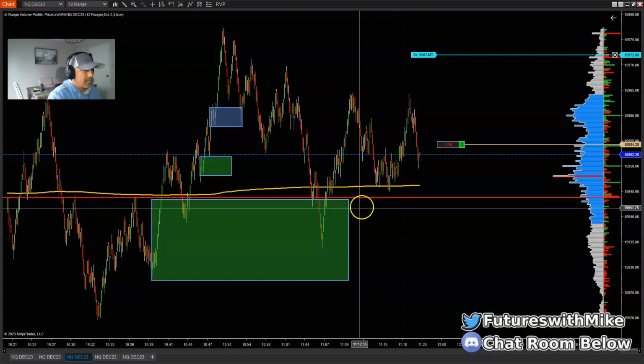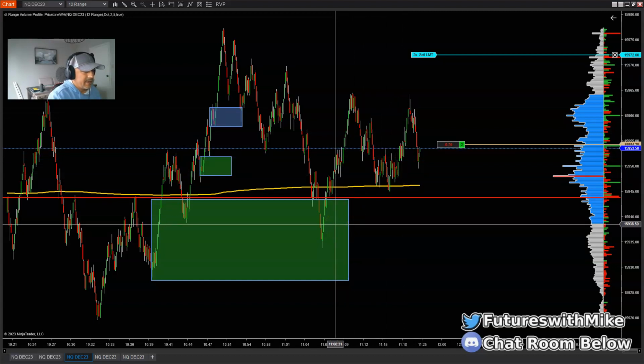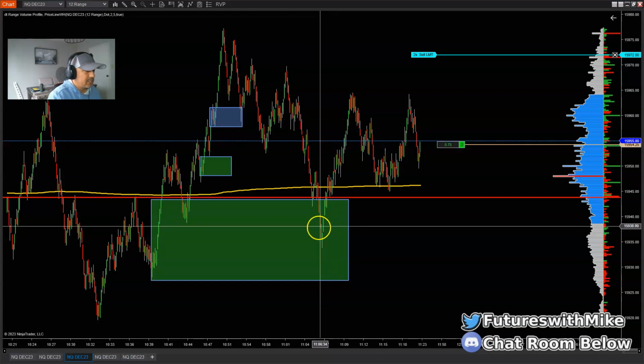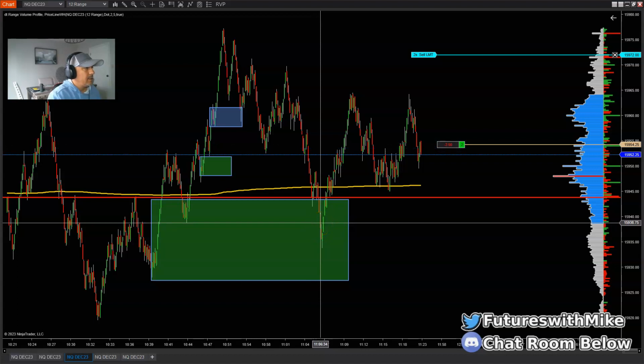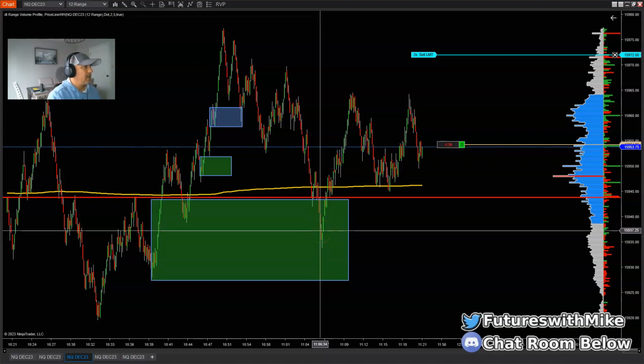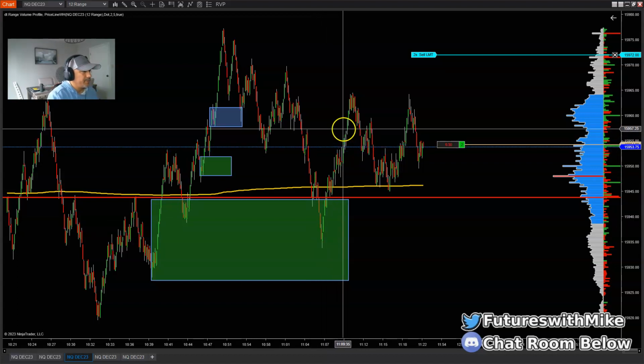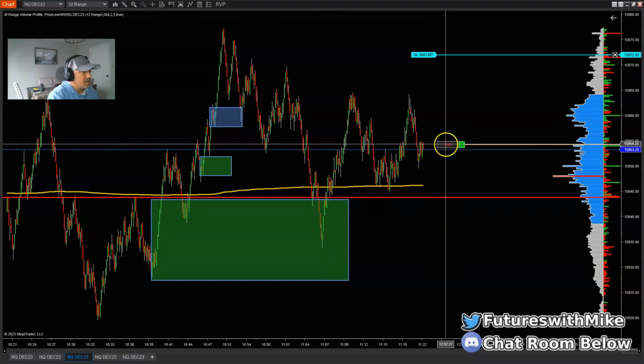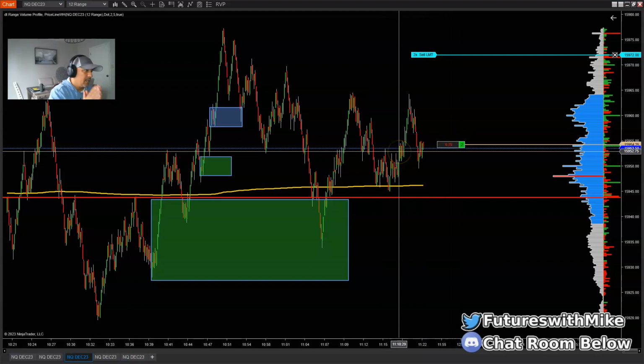But it can come down here and test this area down here at 39. Okay, this is a demand area where the aggressive buying started off on the move to the upside. So moving sideways now on the lower time frame, and I'm just praying that the market moves higher now.